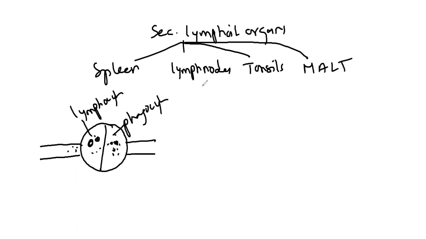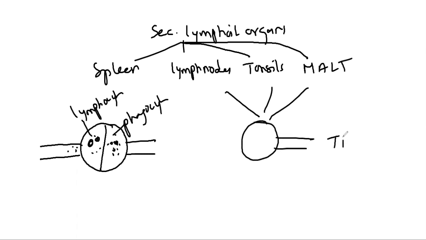On the other side, lymph nodes, tonsils, and MALT can trap tissue fluid-borne antigens. Suppose any antigens are found in the tissue fluid; when they enter the lymphatic system and pass through the lymph nodes, they can be trapped by the lymphocytes.